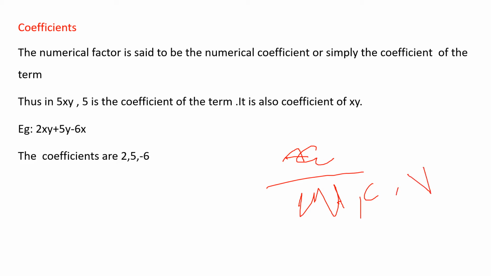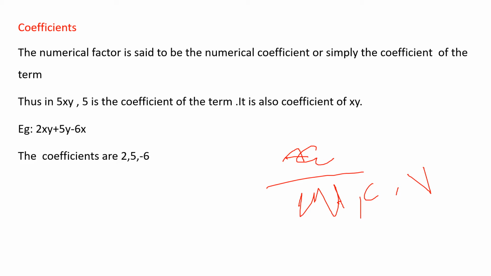So integers means what, children? It consists of positive and negative numbers. Constant means just numbers. So we can take it together as integers. So an expression consists of constants or integers and variables.